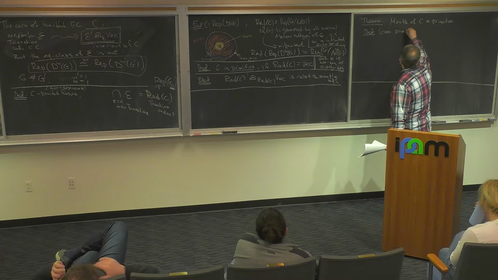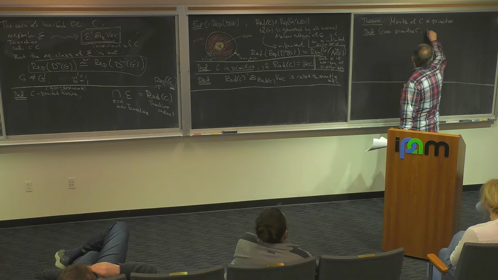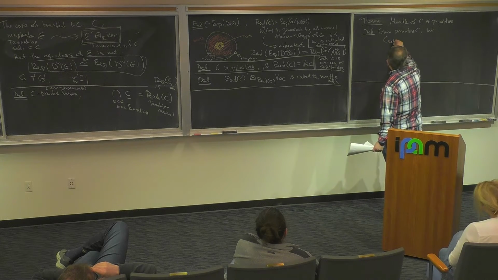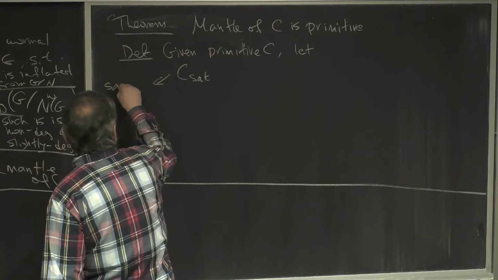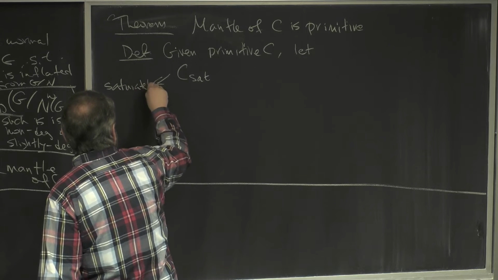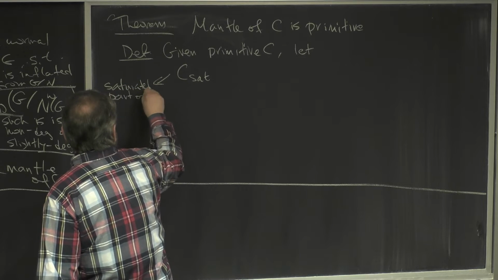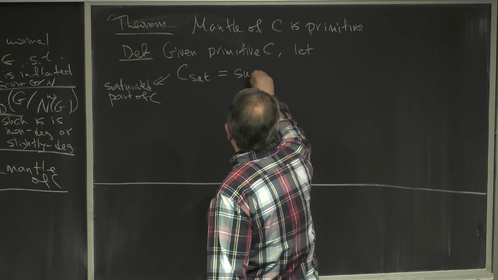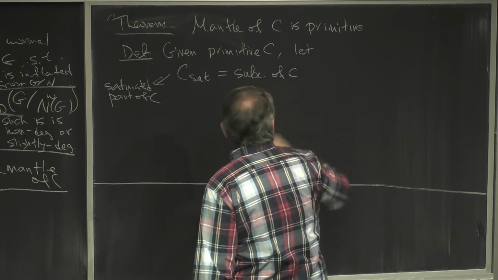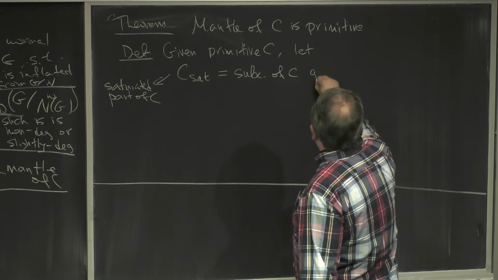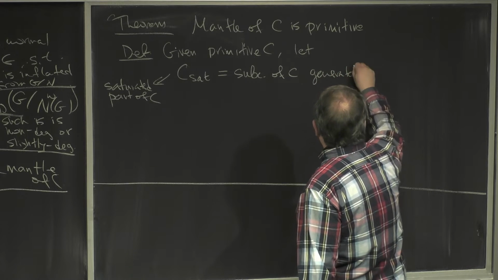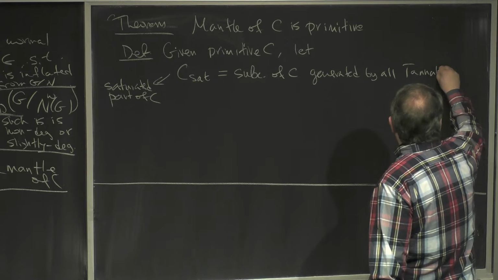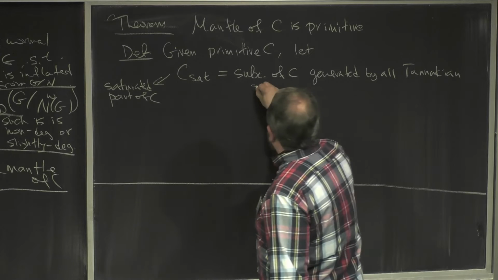So, given a primitive C, let C sat, where sat stands for the saturated part of C, be the subcategory of C generated by all Tannakian subcategories.